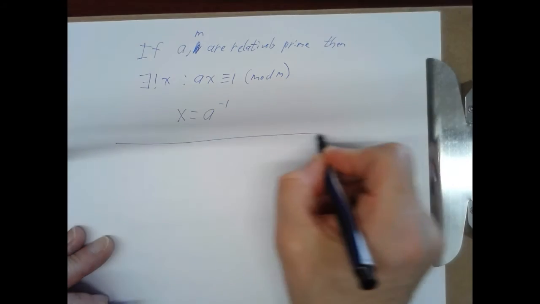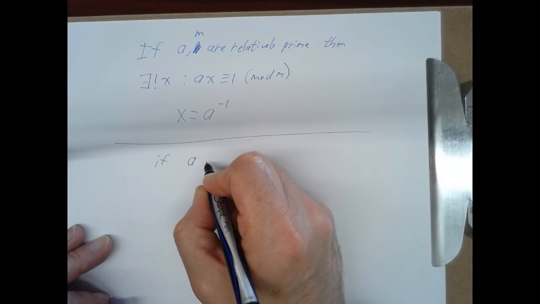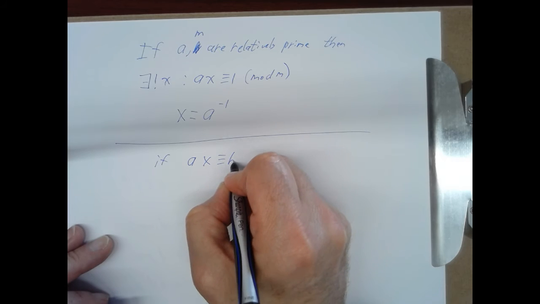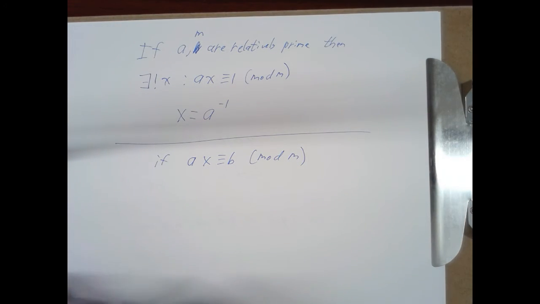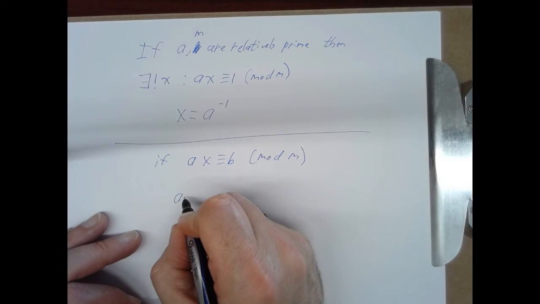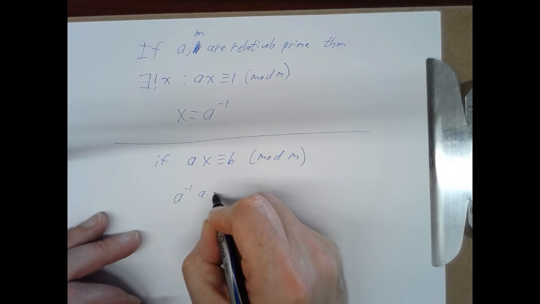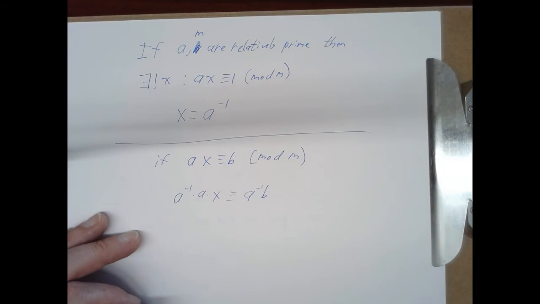And so this tells us that if we have an equation, ax is congruent to b modulo m, and a and m are relatively prime, we can find an a inverse, and we could say a inverse times a times x is congruent to a inverse times b.